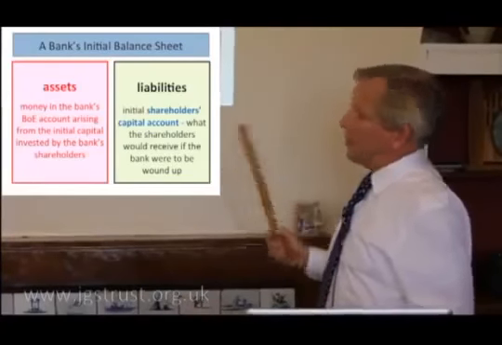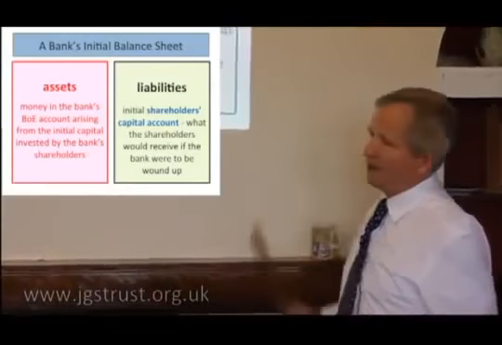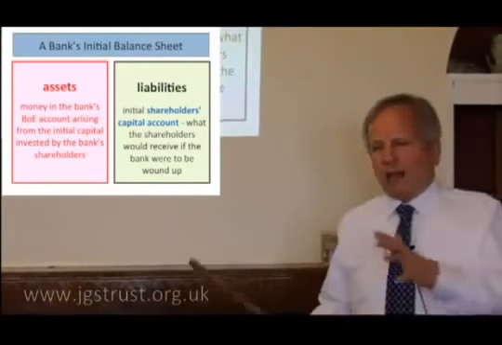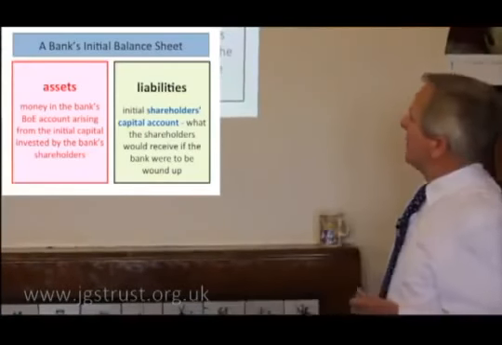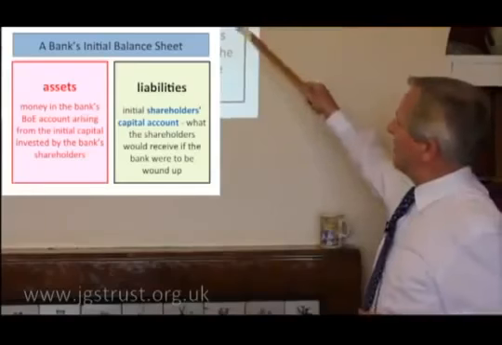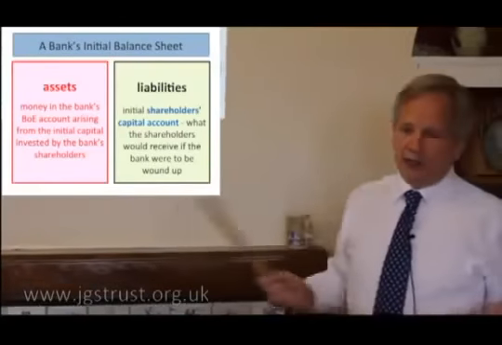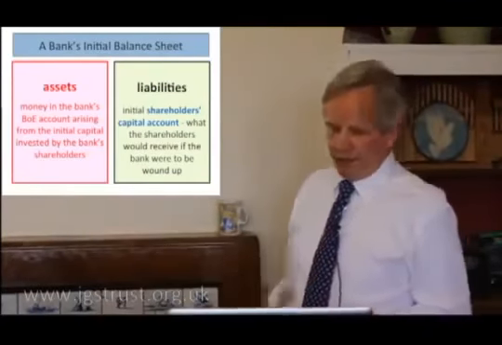And the initial liability of the bank is what's called the shareholders' capital account. It's how much the bank sort of owes back to the shareholders should it be wound up. So if the bank ceases to exist, the shareholders have this claim on the assets of the bank. Therefore it's a liability of the bank, an asset to the shareholders.